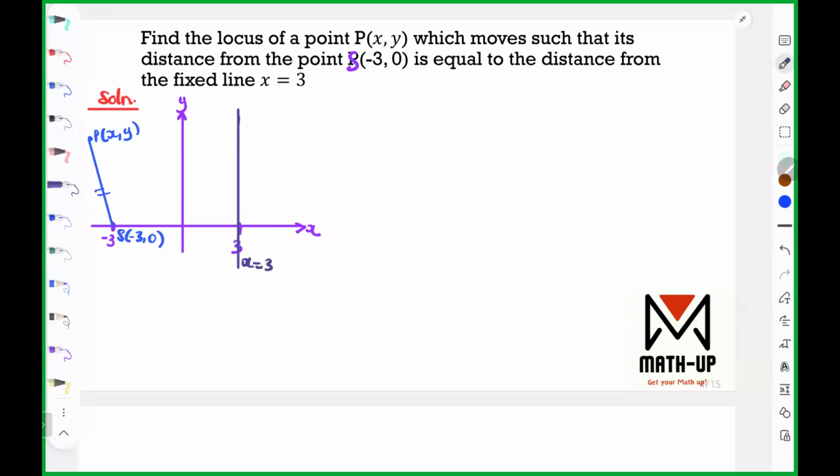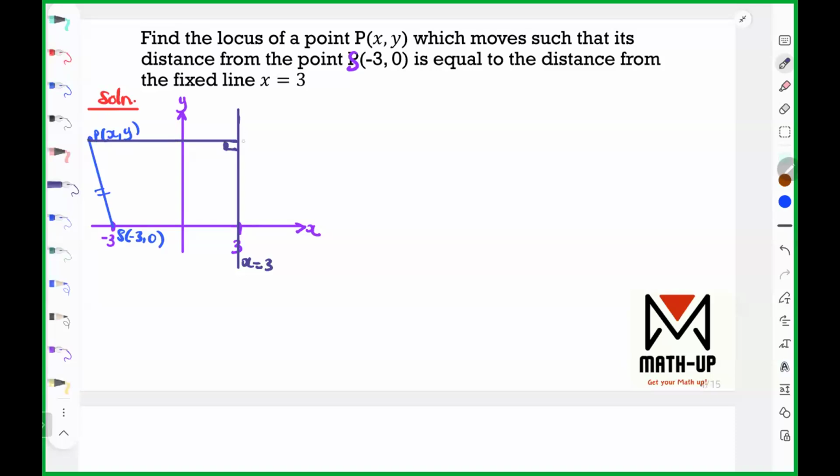So the distance from the point Pxy to that line is equal to the distance SP from this coordinate to that point P. Yeah, now when you're talking of a distance from a point to a line, they always mean the perpendicular distance. That's one thing we shouldn't forget. So it means that the distance we're talking about from the point to a line is actually a perpendicular distance.